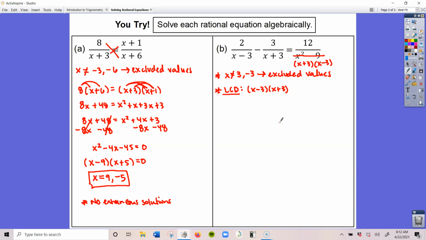So that's my LCD. Now I'm going to take my LCD and multiply it by the entire equation, and I'm going to use the factored version of this denominator.